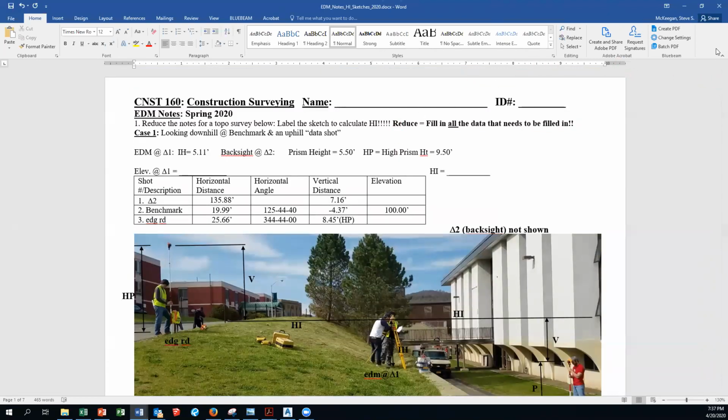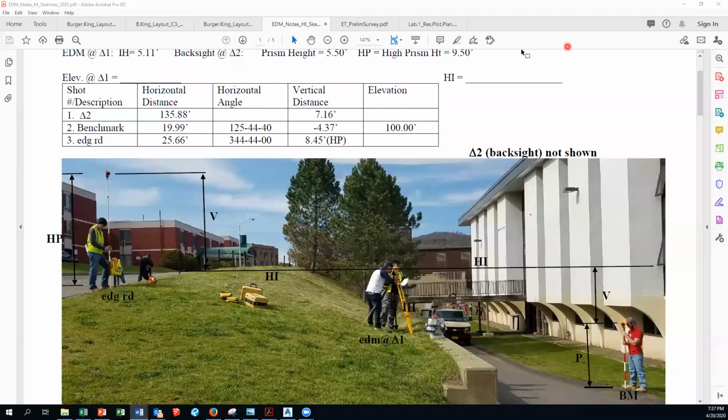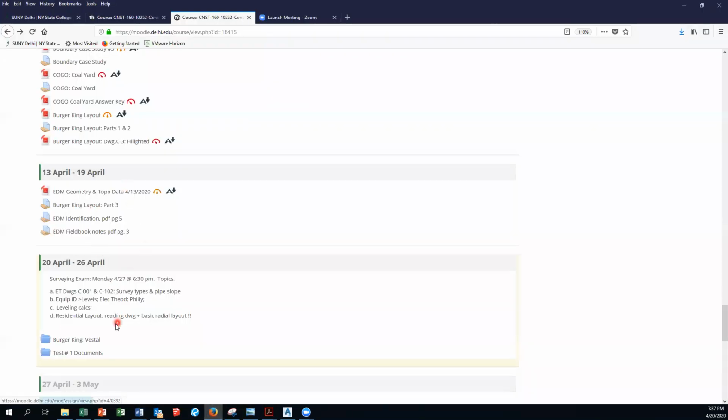Let's go over that test again in case I messed up the Zoom recording. And then we'll do a little review. So here are the test topics. I'm going to give you C001 and C102, maybe C103.